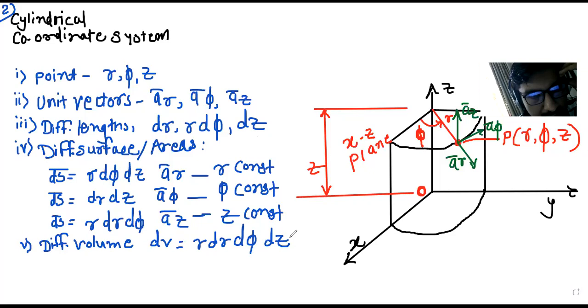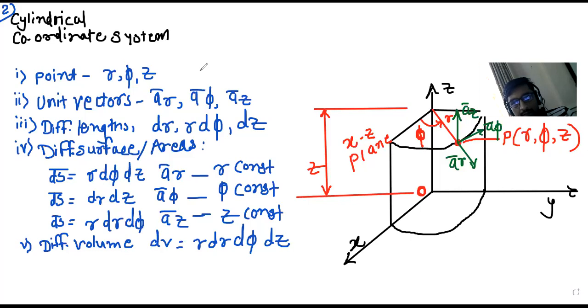This is your differential volume. Got it? Have you understood? In the same fashion we wrote it yesterday. Today also we are doing the same, just by changing the notations.